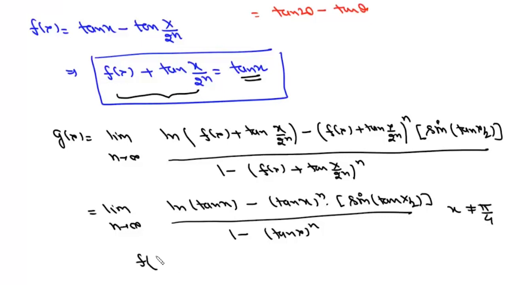That means g(pi/4) is equal to k. Now it says find the value of k if g(x) is continuous at pi by 4.